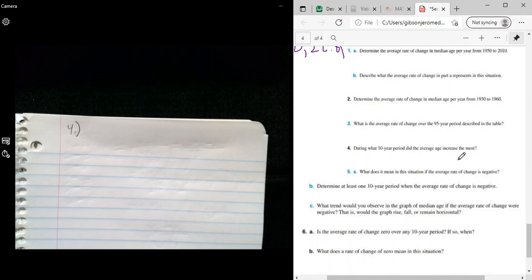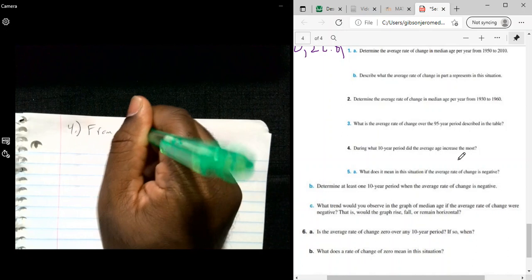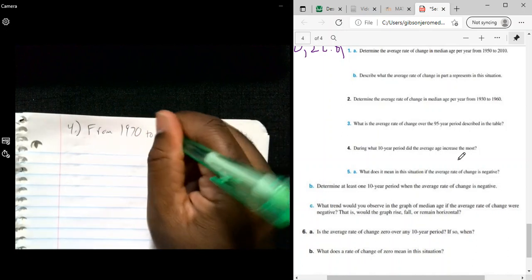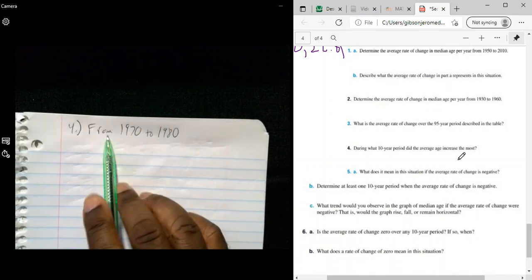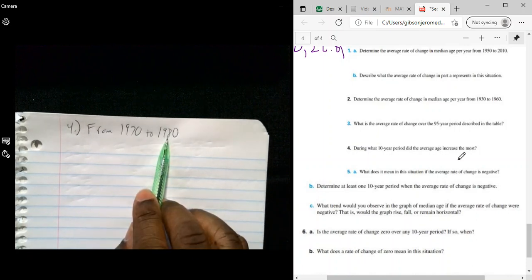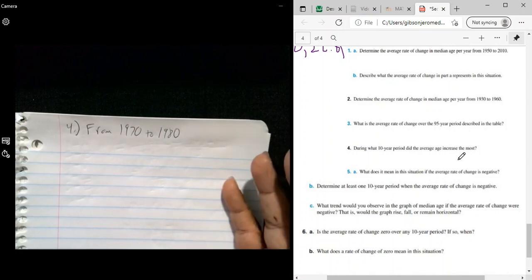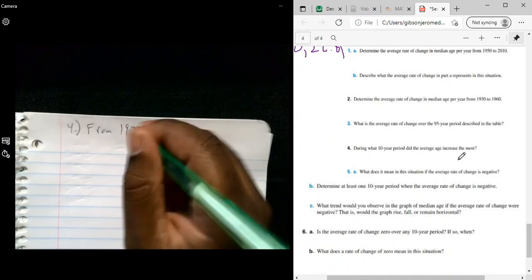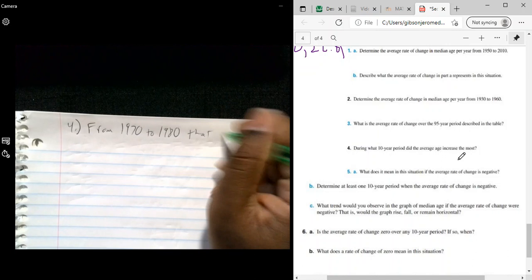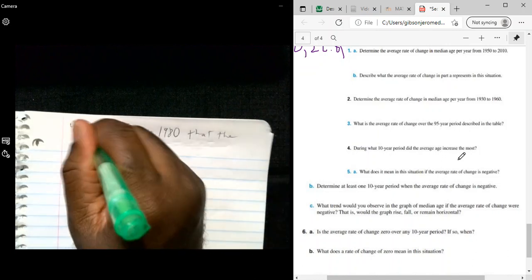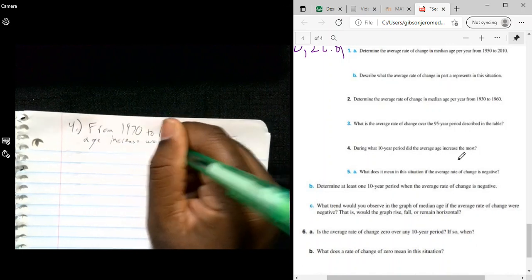So it'd be from 1970 to 1980. Now, that went up. Now we have to write down how much it is as far as years of age per year. So it's from 1970 to 1980 that the age increase was the highest.